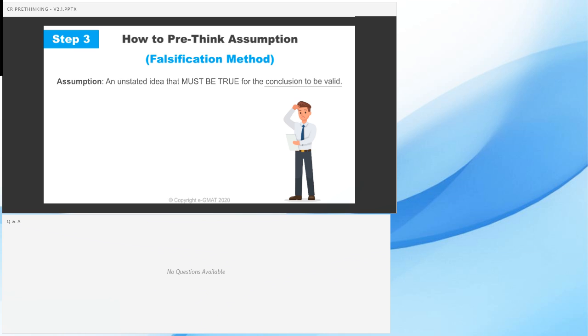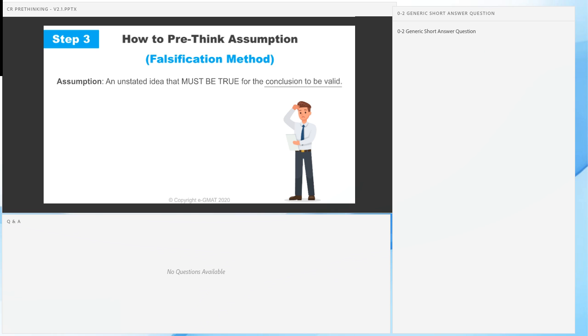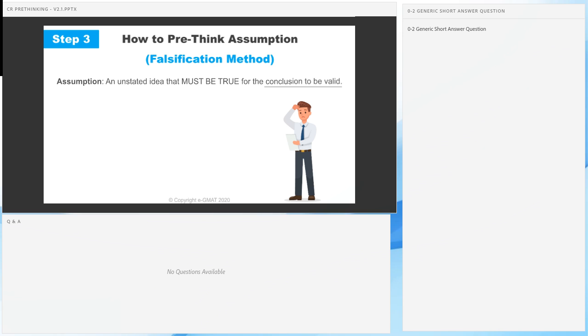The pre-thinking process is built on the foundation of the very definition of what an assumption is. An assumption is an unstated idea that must be true for the conclusion to be valid, which means, going back to our visualization, it's that essential pillar. If you were to build a house and ask where to put essential pillars, your first question would be, where is my roof caving in?